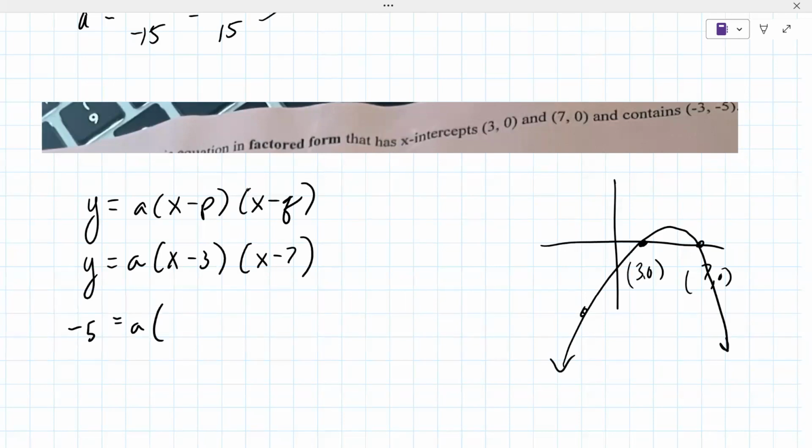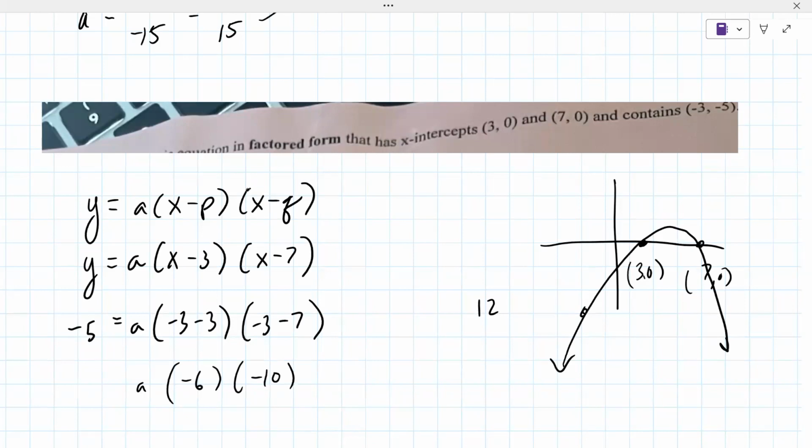A equals 12. Okay. That seems like it should be a fraction because we've got minus 3, minus 3, minus 3, minus 7. Is this what you have? Yeah. And I got negative 5 equals 60A. Okay. Now that's good. But you're dividing.